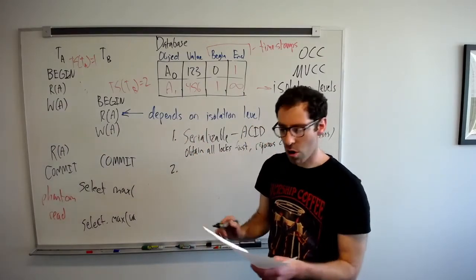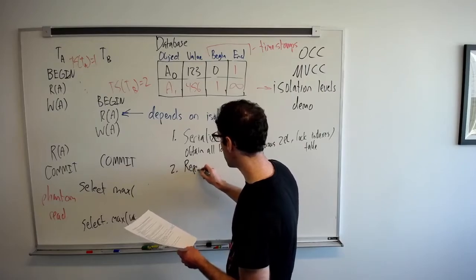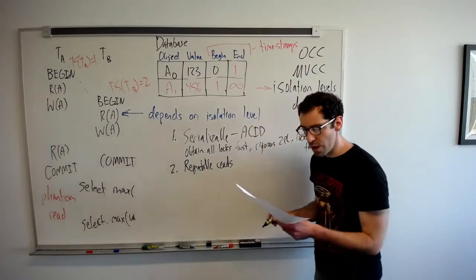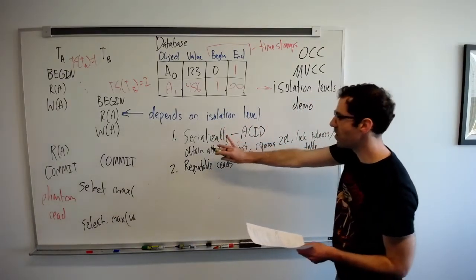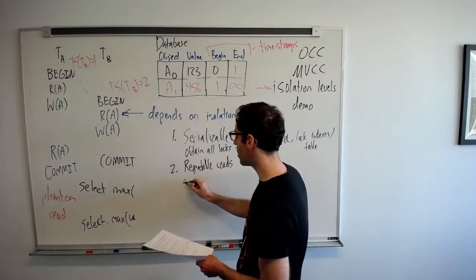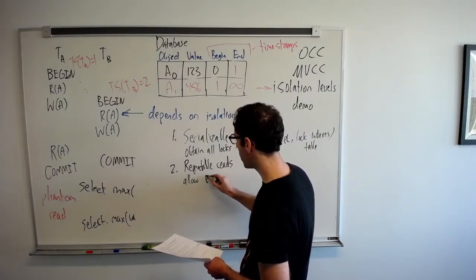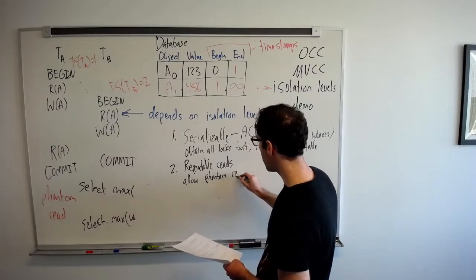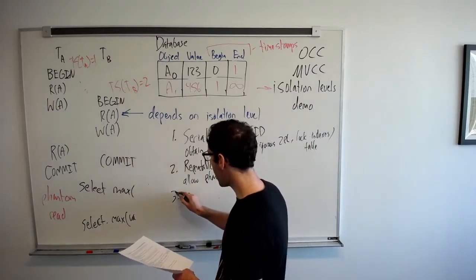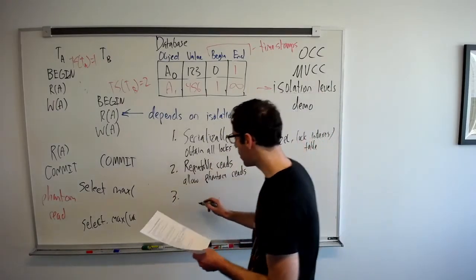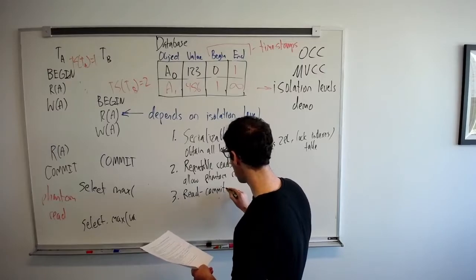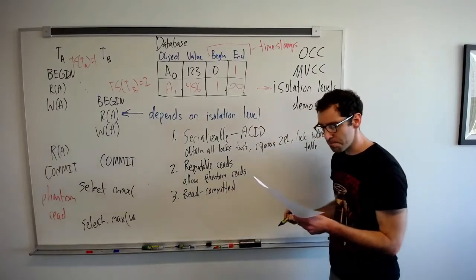Slightly less strong is the repeatable reads isolation level, which is everything that serializable does except this locking indexes and tables. So repeatable reads does allow phantom reads. Next, after that, we have read committed.